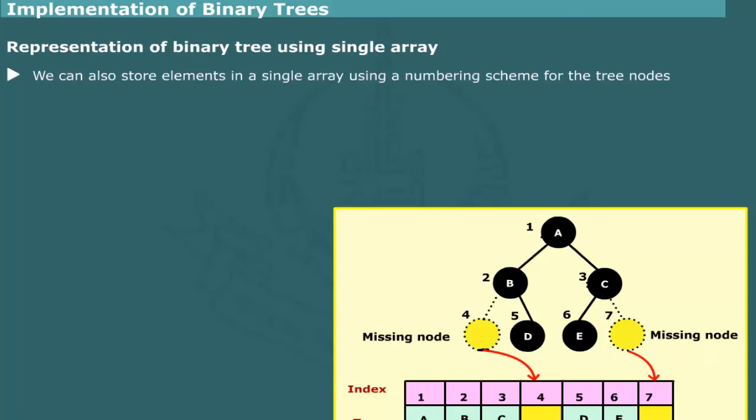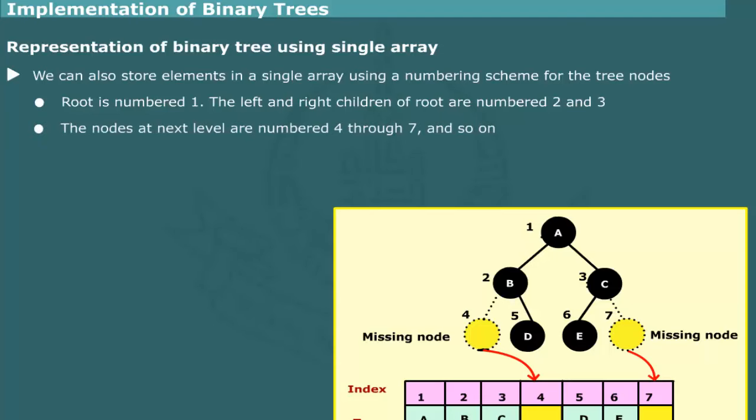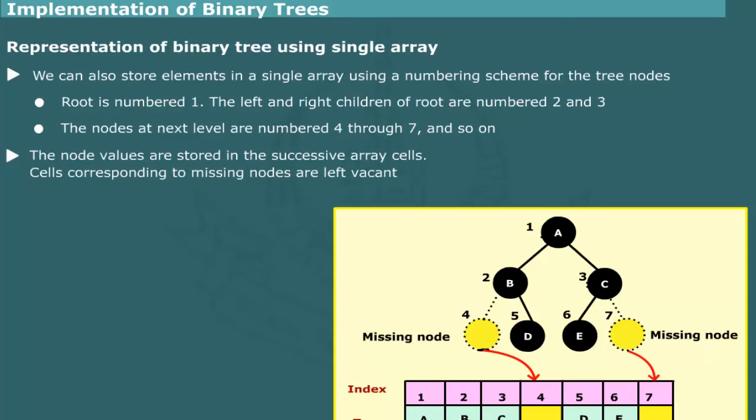The nodes are numbered from top to bottom and left to right. Root is numbered 1. Its left and right children are numbered 2 and 3. The nodes at the next level are numbered 4 through 7. In order to create an array for tree structure, we place node values in array cells according to the number assigned to the node. If a node is missing in the tree, the corresponding cell in the array is kept blank.